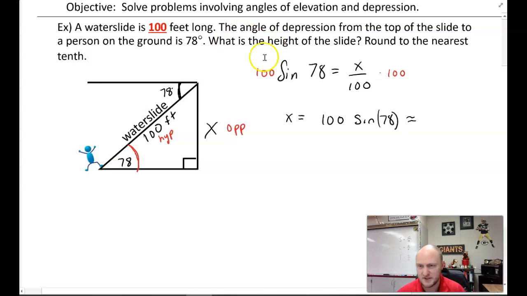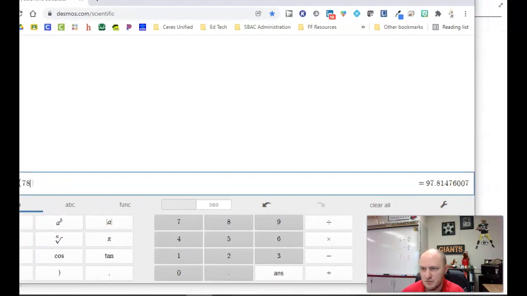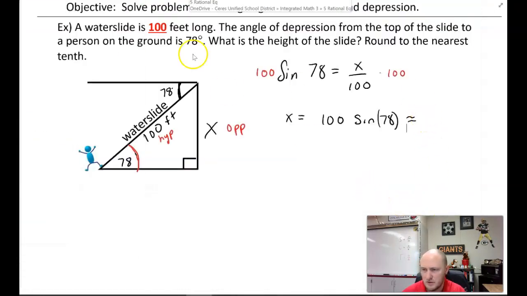We want to round to the nearest tenth, they say. So I'll plug this in: 100 times sine of 78. We get 97.81, right? 1 is less than 5, so 97.8.